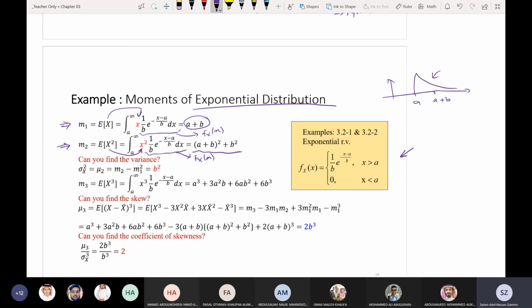Now, if I want to find the variance, do I need to repeat these integrals? Well, I can use whatever I have found before. Yes, exactly. Because the variance equals the second moment minus the average squared. So we have the second moment here minus the average squared. This cancels this, and you end up with b squared.